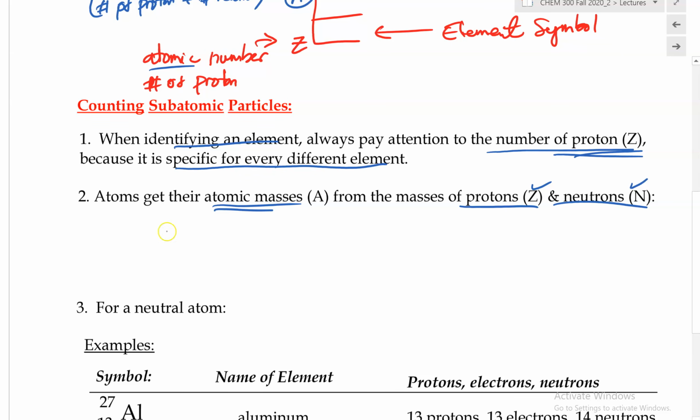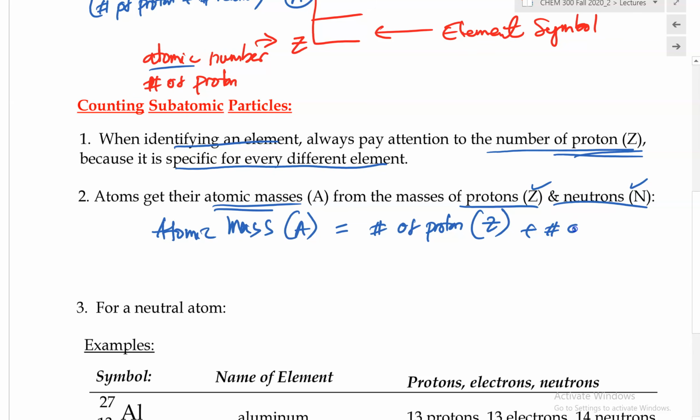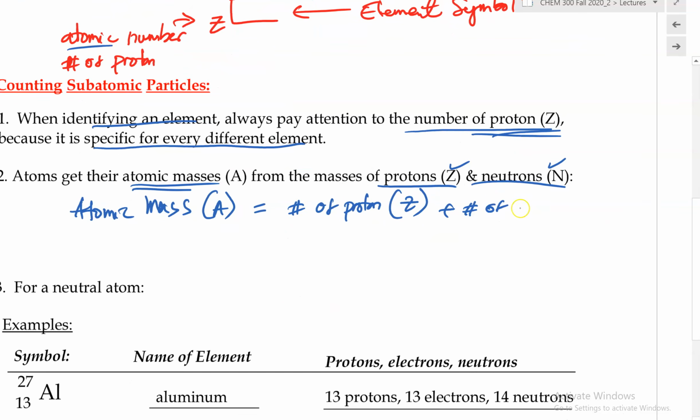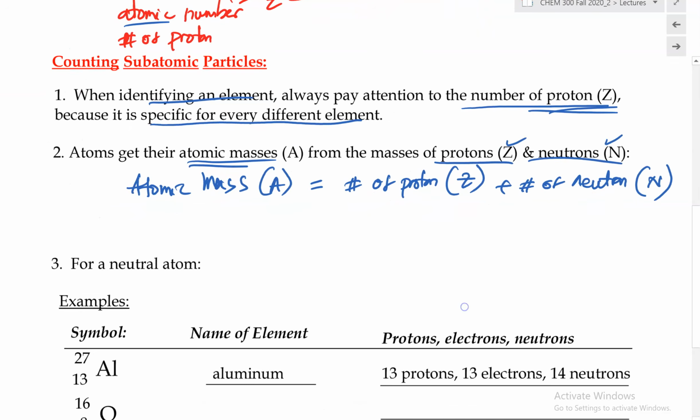So here is the equation. The atomic mass, which is the number A, is equal to the number of protons, which is the number Z, plus the number of neutrons, and this is the number N. So that's the equation right here.